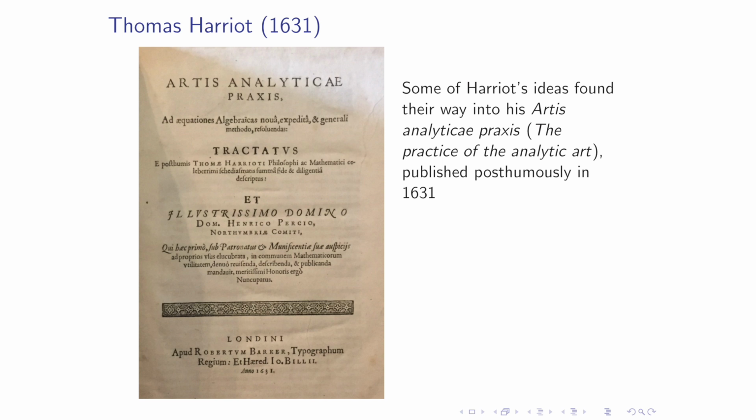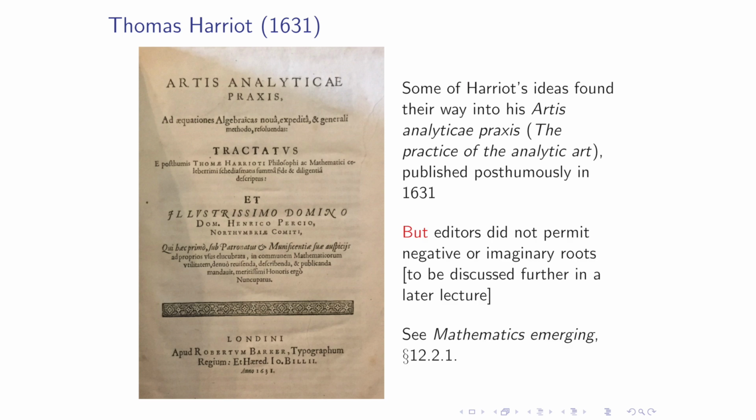But his editors are considerably more conservative than Harriot himself, because as we'll see in a later lecture, he makes free use of imaginary roots. He has no qualms about employing these in his mathematics, but his editors didn't like that. They take away the imaginaries, they cut back on the negative ones as well. So this is a more restricted form of Harriot's ideas. But as I say, the manuscripts are circulating privately, so those ideas are getting out there.